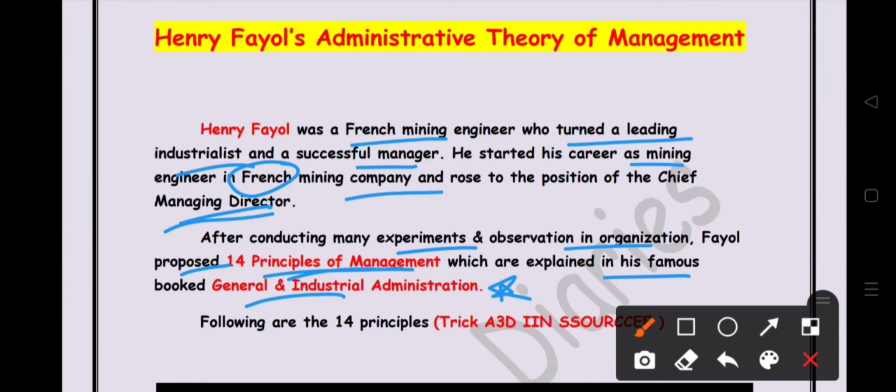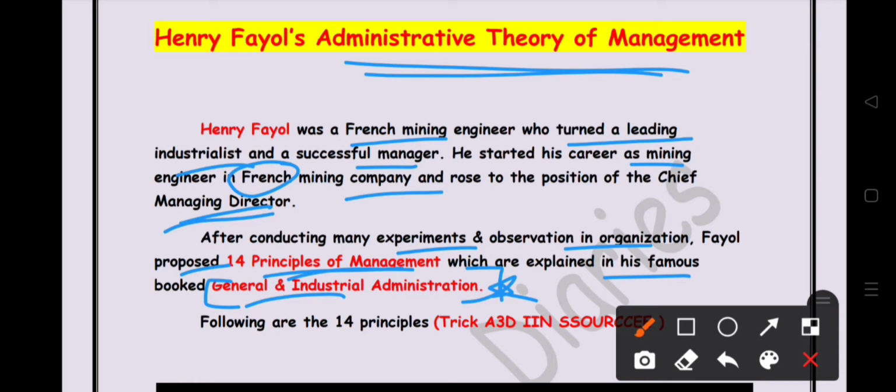This is an important key point over here. You can expect keywords like General and Industrial Administration, this book name, or the total theory name, Administrative Theory of Management. You can expect this question in the examination as a match the following question.